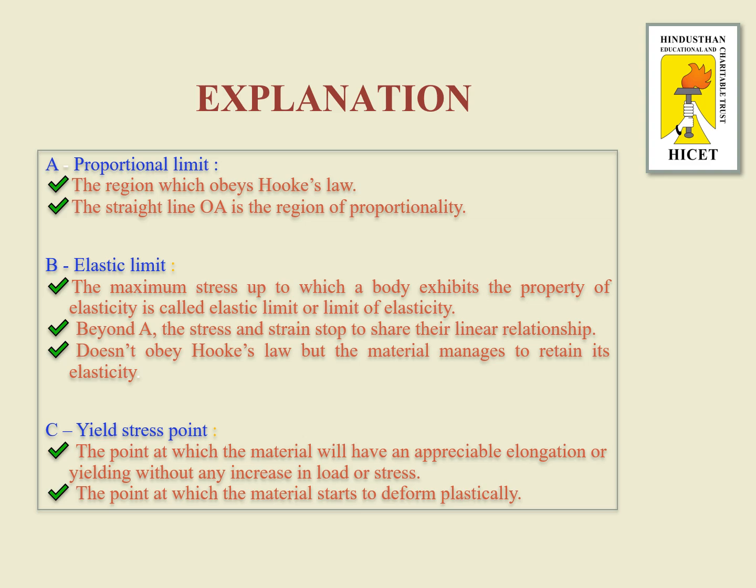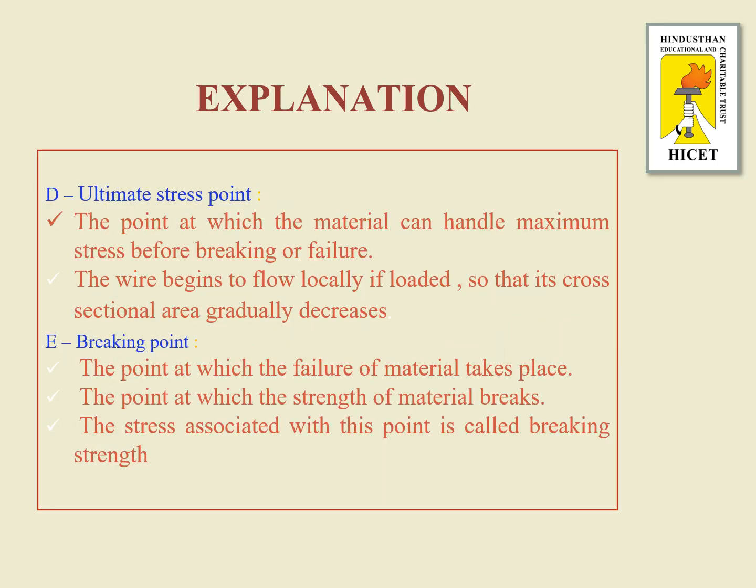The point C is called the yield stress point. That is the point at which the material will have an appreciable elongation or yielding without any increase in load or stress. The material starts to deform plastically at the point C.